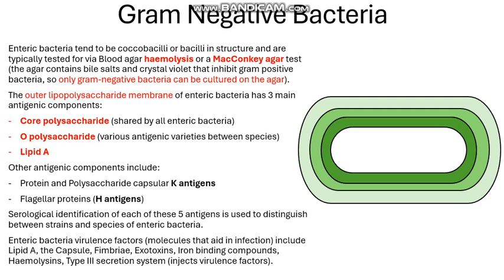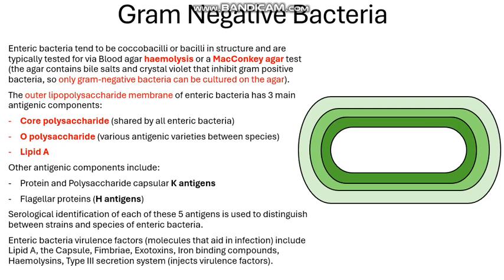So K antigens just mean they're coming from proteins and polysaccharides. H antigens come from the proteins of the flagellum when it breaks apart, and it can be picked up by the immune system. Serological identification of each of these five antigens is used to distinguish between strains and species of enteric bacteria.